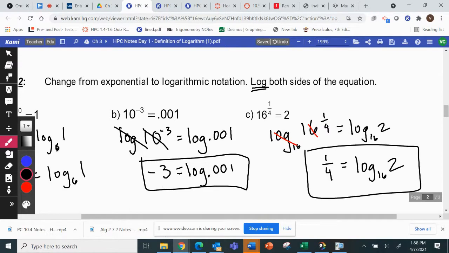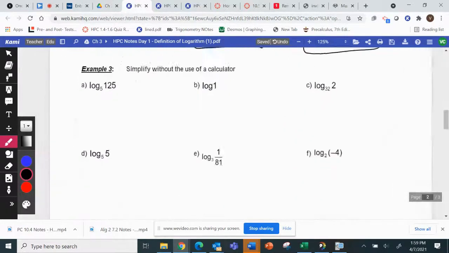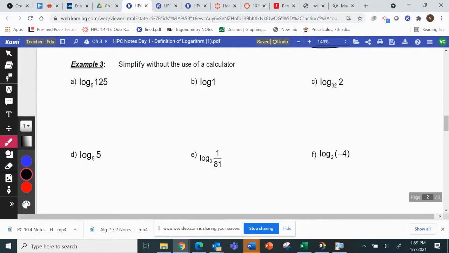And that's all you have to do. You don't have to solve anything. You don't have to simplify anything. That's it. Okay. The next section, now we are going to simplify, but it's without the use of a calculator.